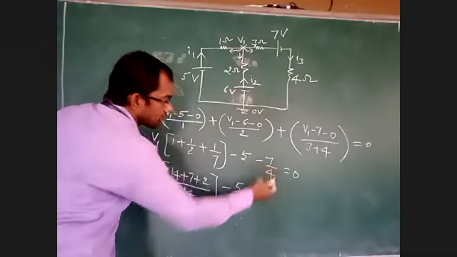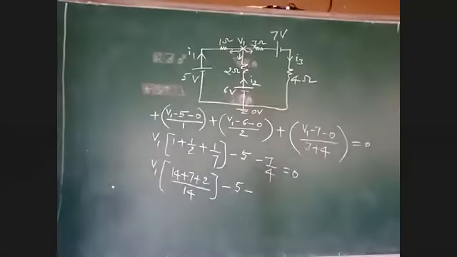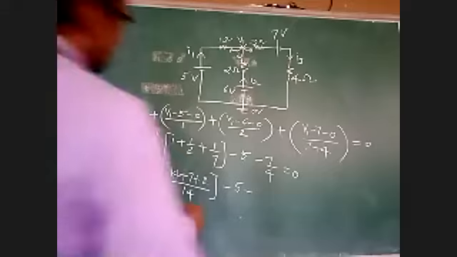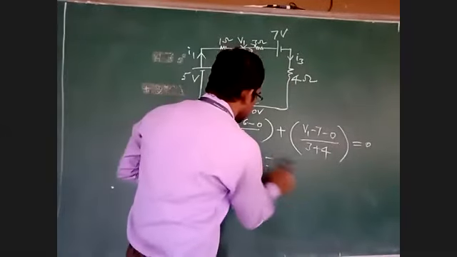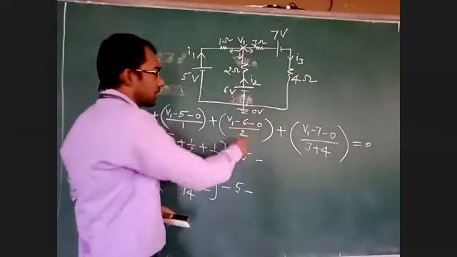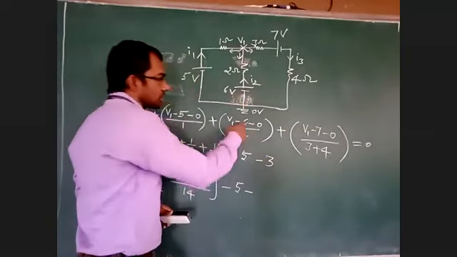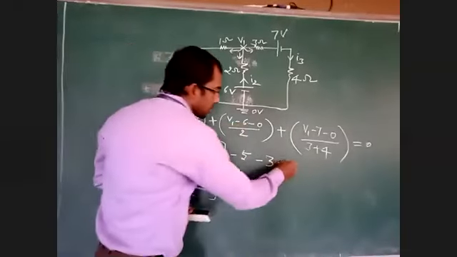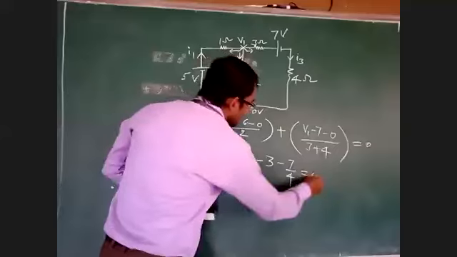What is the value of 6 by 2? 6 by 2 is 3. Minus 7 by 7.